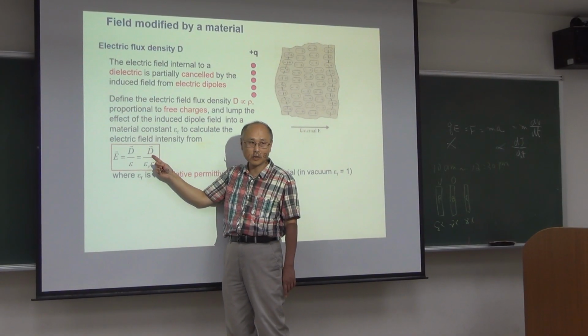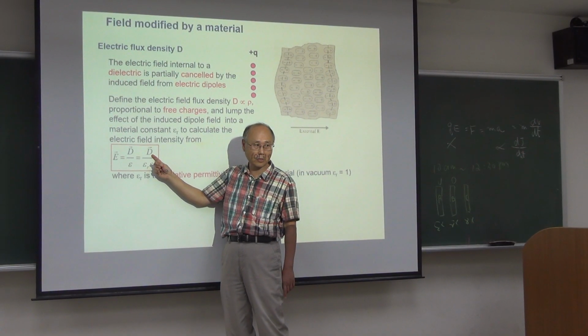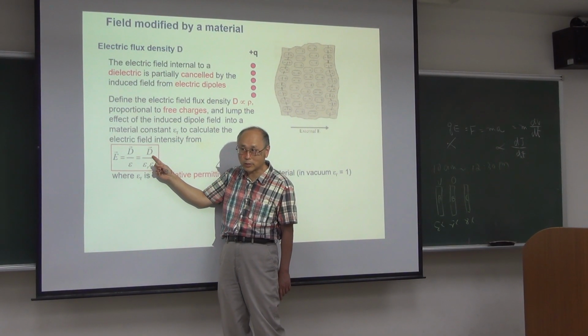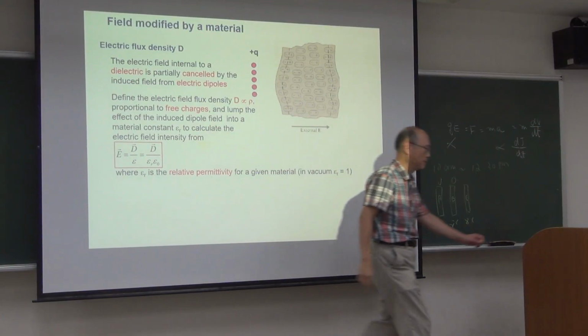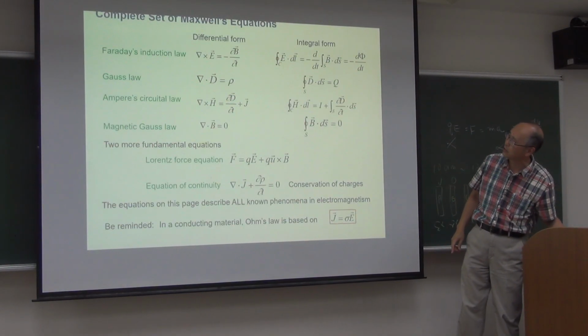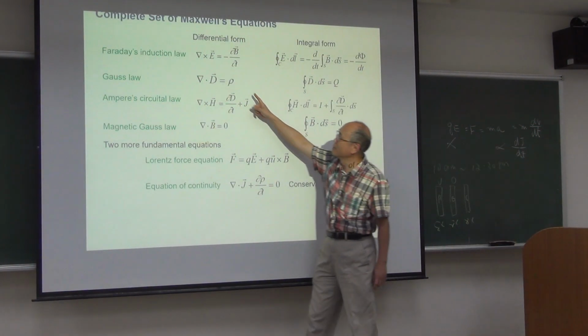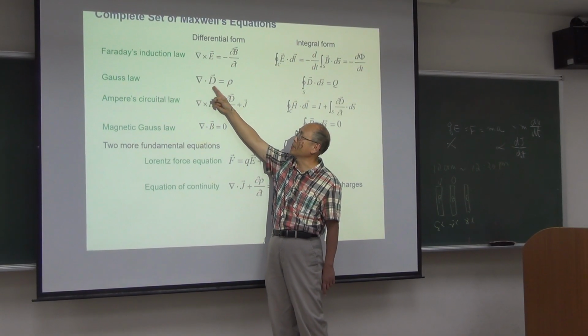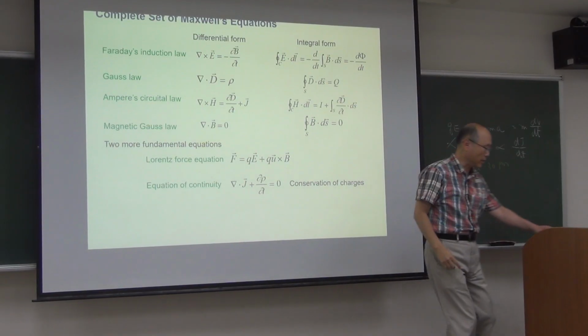Well, this D is related to a charge. Remember Gauss law. Right? Gauss law tells you that this D is proportional to the charge. Remember this? So if you have a charge, it's going to produce the electric flux density. Given a charge, you produce electric flux density.